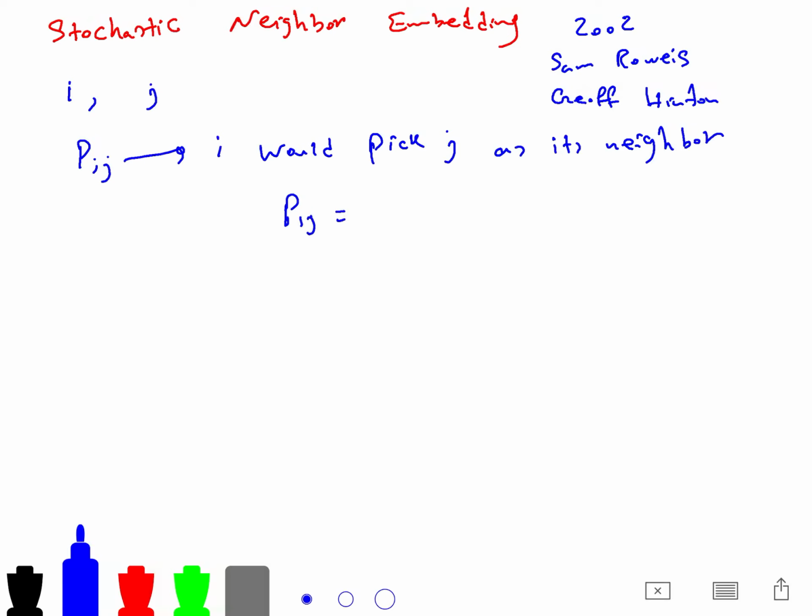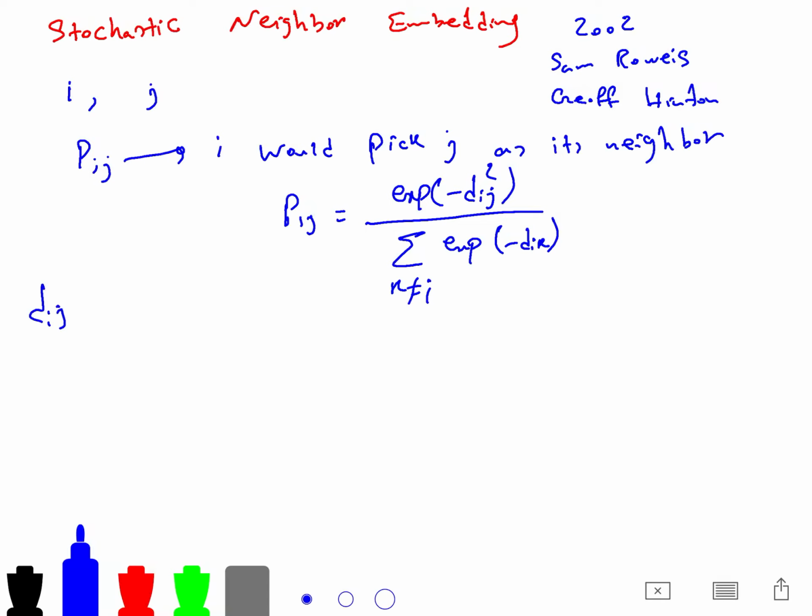Pij is equal to e to the minus dij squared, over the sum of these exponentials, dik, where k is not equal to i.